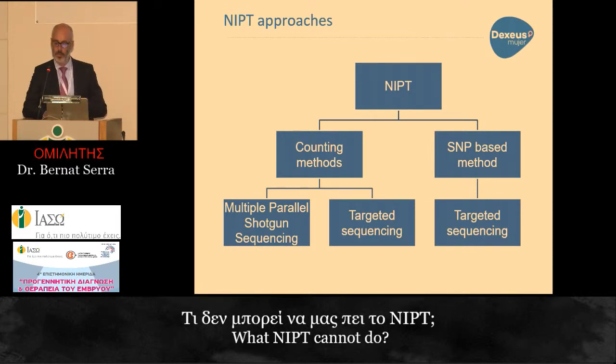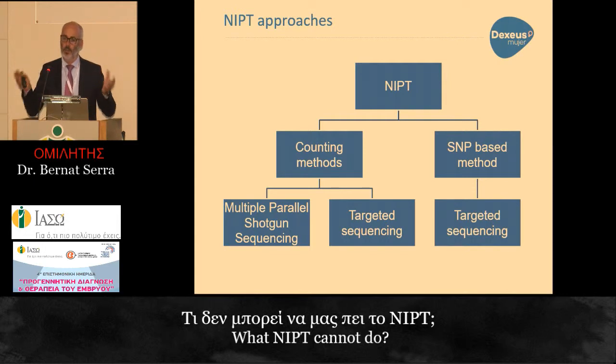And on the other side, we have the counting approach to do NIPT, and this methodology can also use targeted sequencing as the SNP-based method. There is only one test that uses this approach, probably the best known one, because this is the test that the group of Nicolaides used in all these studies, the Harmony test from the Ariosa laboratory. Then there are some that use MPSS, massively parallel shotgun sequencing.